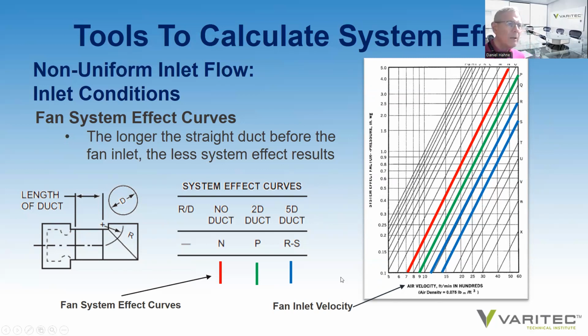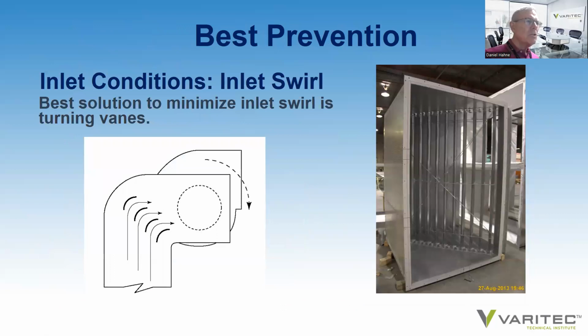So again, following AMCA 210's recommendations, always design with the straight duct necessary to create uniform flow rate. And also be aware of inlet swirl. To minimize, if not eliminate, inlet swirl, always, always use turning vanes at that transition.